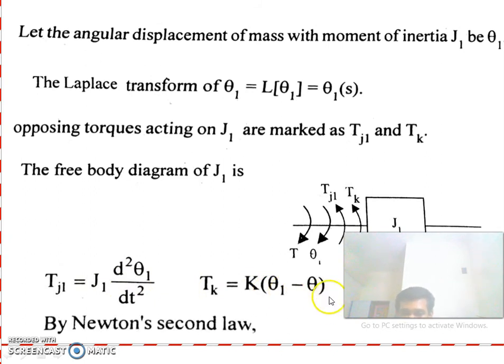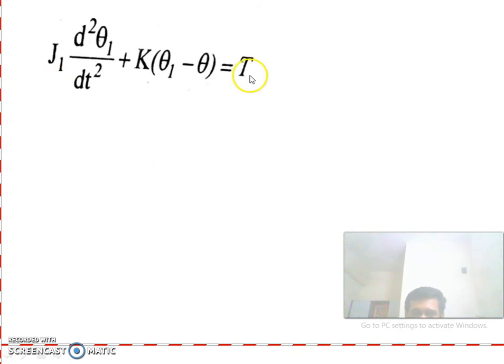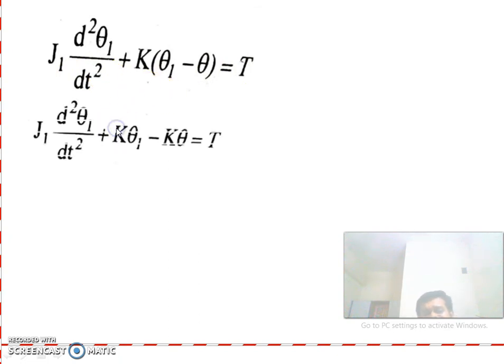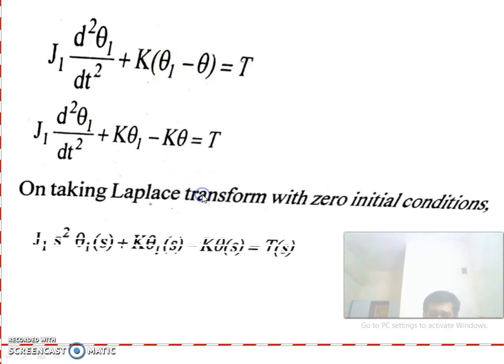By Newton's second law, the opposing torque is equal to the applied torque, and we substitute the values. Then we find the Laplace transform. The Laplace transform of d square theta 1 by dt square is s square into theta 1 of s, K into theta 1 is K into theta 1 of s, and K into theta is K into theta of s.